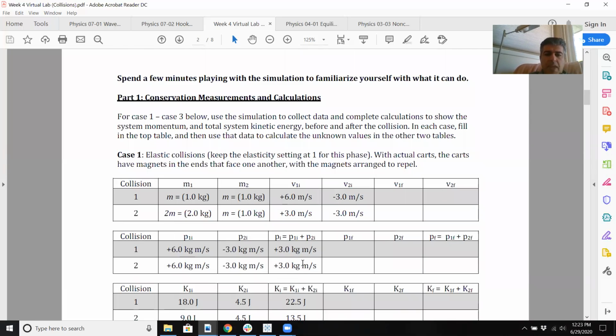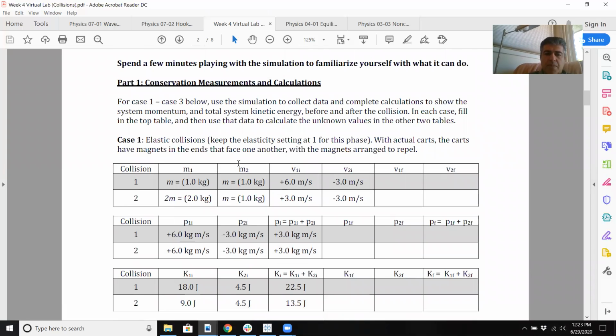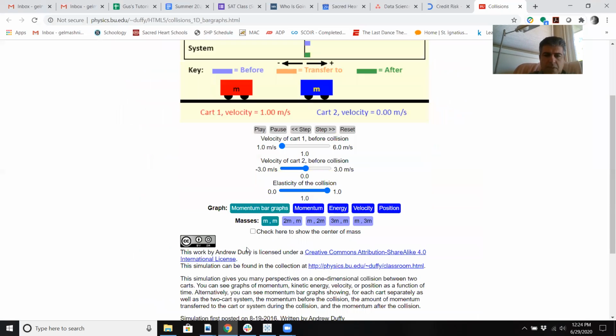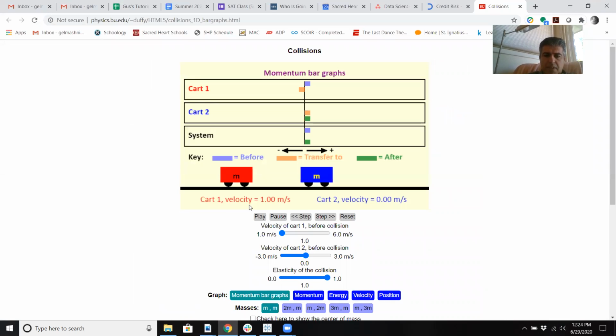Case 1 is elastic collisions, keeping the velocity setting at 1 for this phase, with the carts' magnets and the ends set to face one another with the magnets ready to repel. So let's look at this right now. Let's see what's going on here. Let's just play around with it a little bit, get myself familiar here. It looks like cart 1 velocity is defined as 1 meter per second.